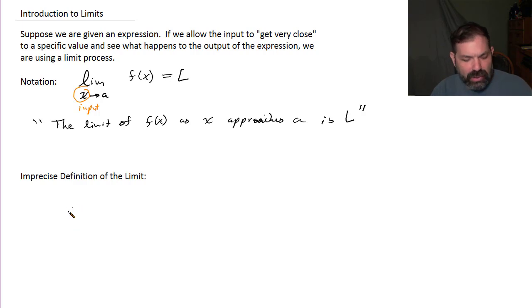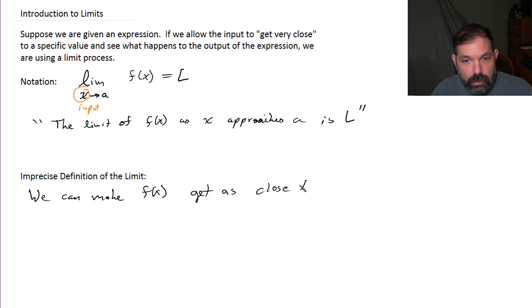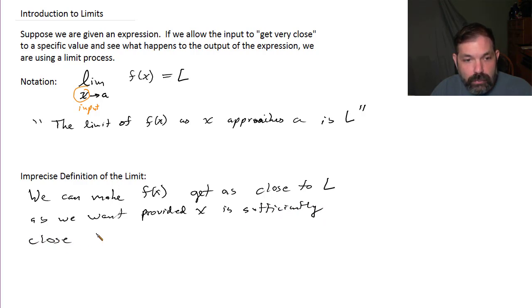So now here's an imprecise definition. We can make the function f of x get as close to L as we want, provided x is sufficiently close to a but not equal to a.